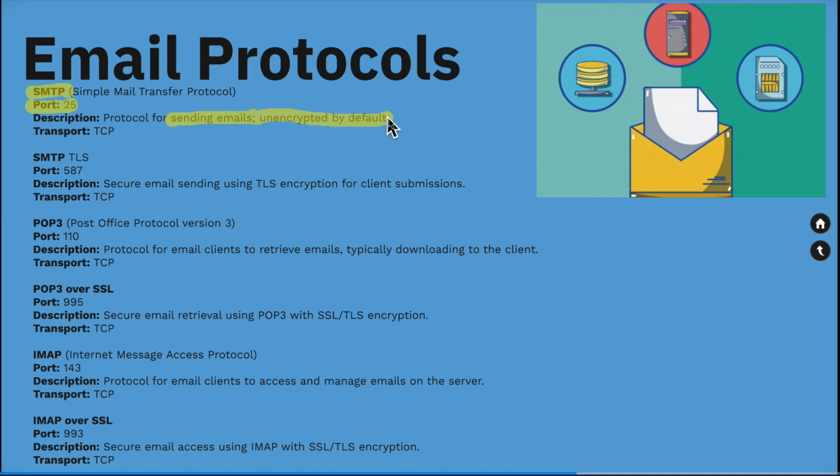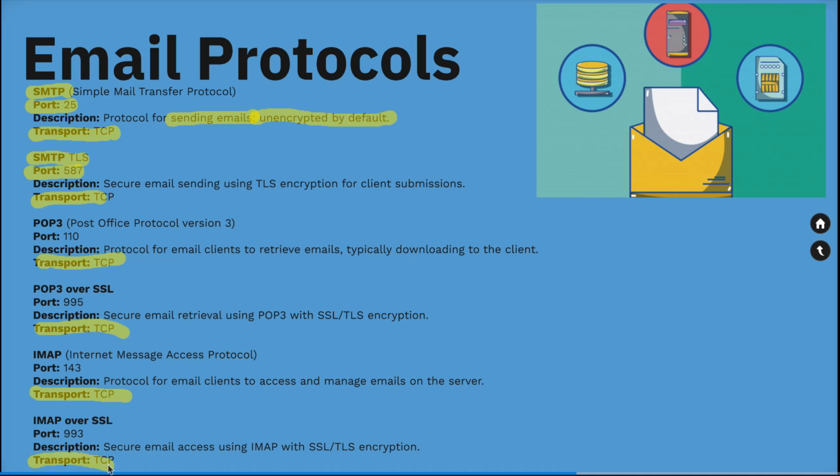Notice that this is unencrypted, and the transport layer utilizes TCP. The secure version of this is SMTP with TLS, which utilizes port number 587. This is a secure connection, and notice that all of these utilize TCP at the transport layer.